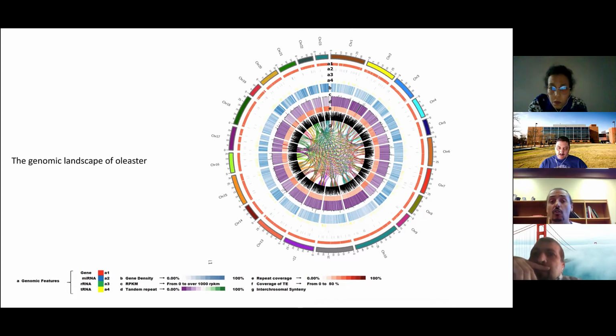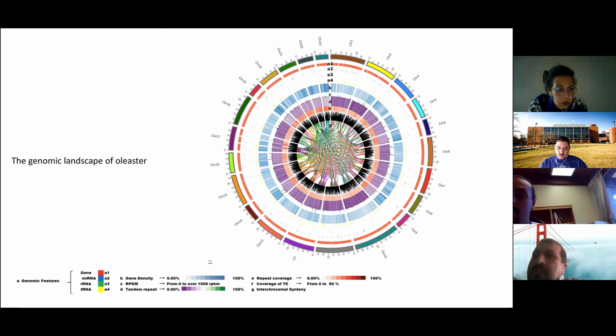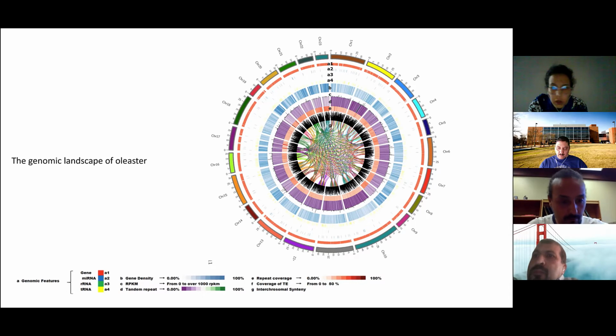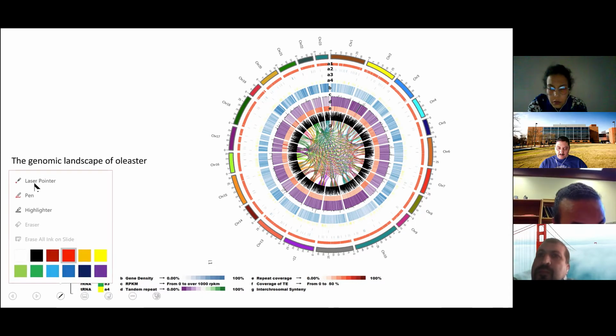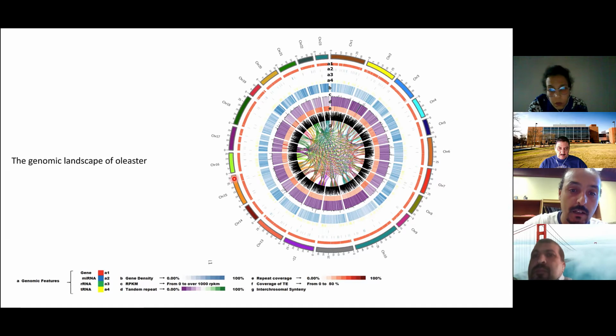So the first circle that we see, let me just use my technology. Here, in this layer right here, these are the chromosomes. You see different sizes, different colors.